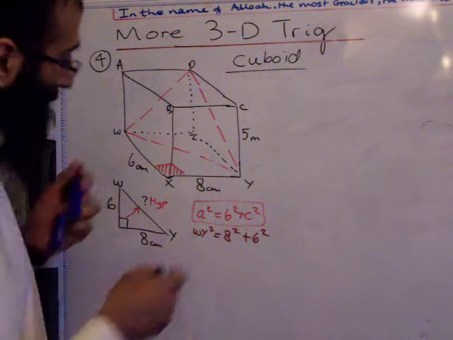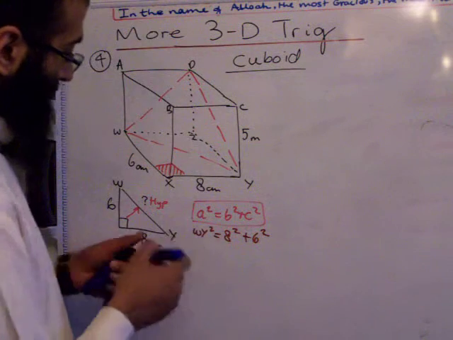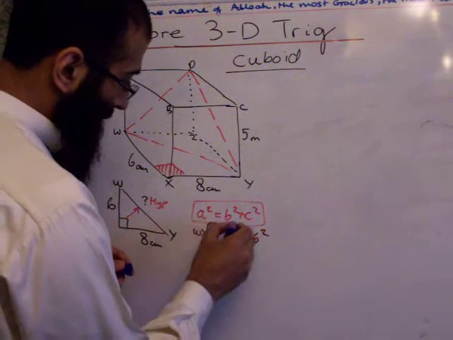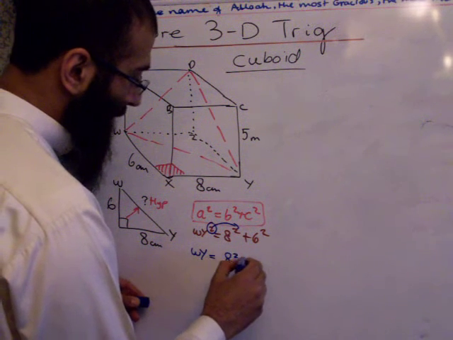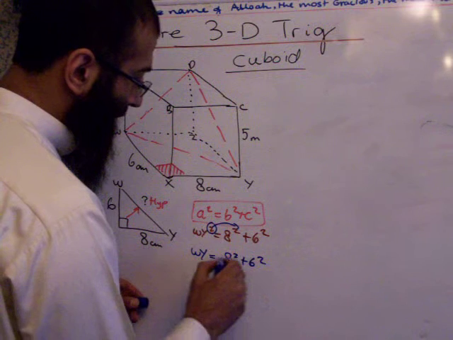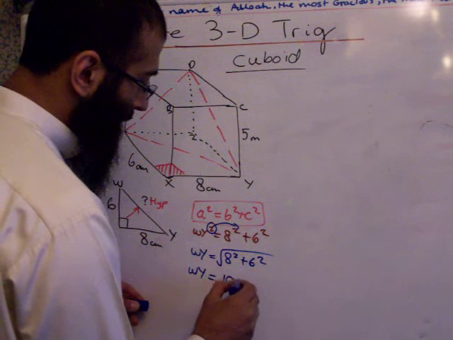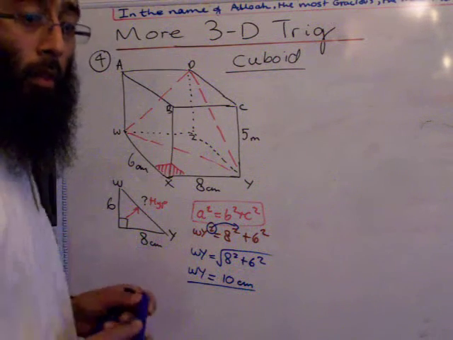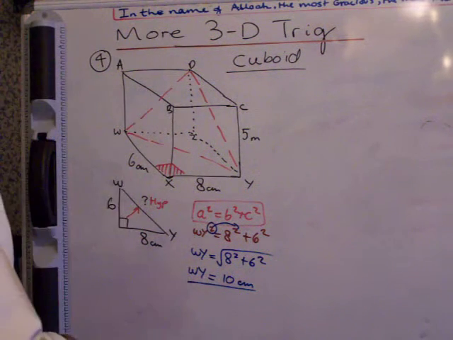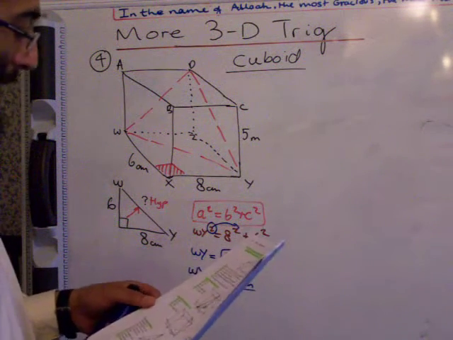So we take the squared over. WY is equal to 8 squared plus 6 squared and square rooted. So WY is equal to 10 centimeters.